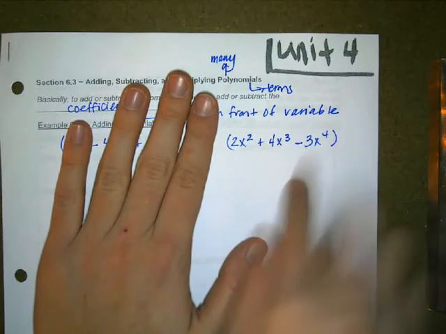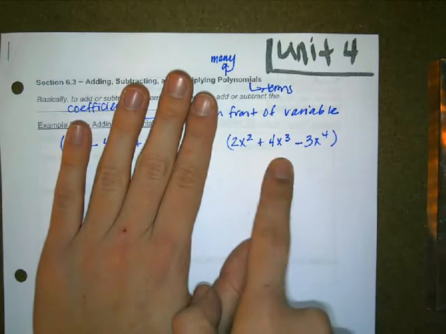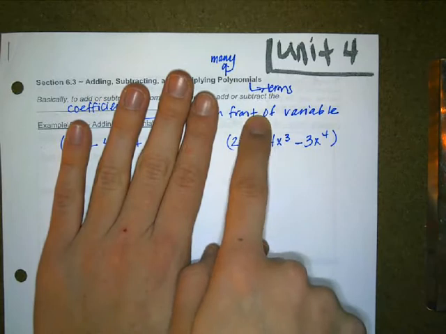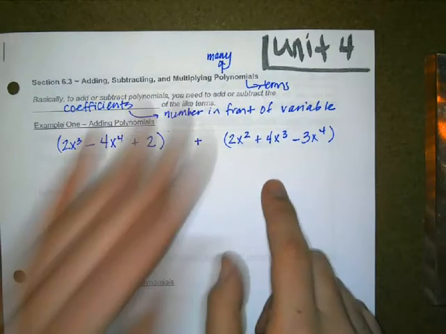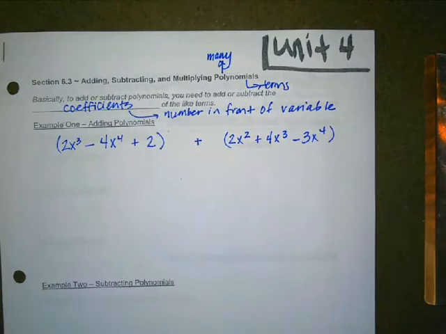Usually anything more than 3 terms, that's when they just call it a regular polynomial. They don't really name it something specific, but if it's a binomial or trinomial, it fits into certain patterns, so that's why they give it more specific names. Alright, so when we're adding these two together, you just add and subtract like terms.